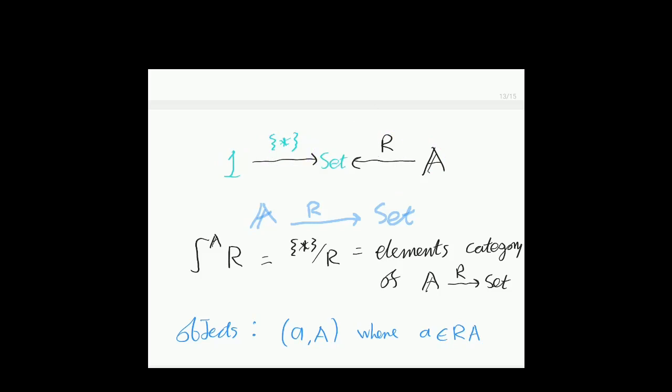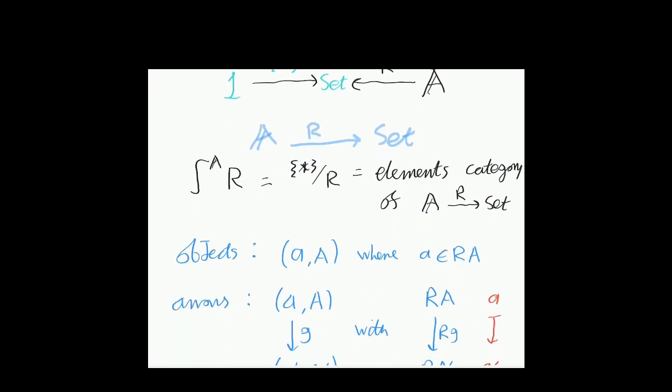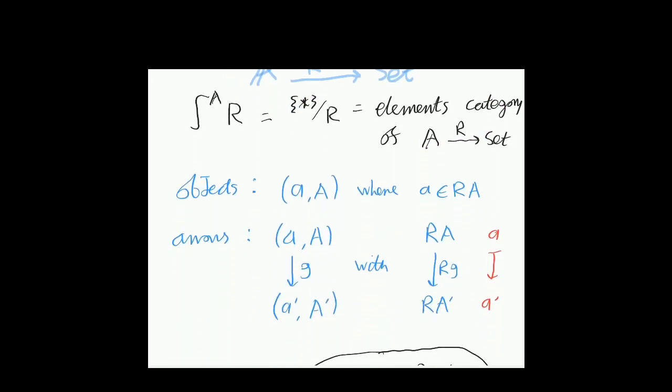And so we can form the comma category, singleton set slice R. And it turns out that that's precisely the same thing as the category of elements of R. Here's a more direct way of defining this category of elements.